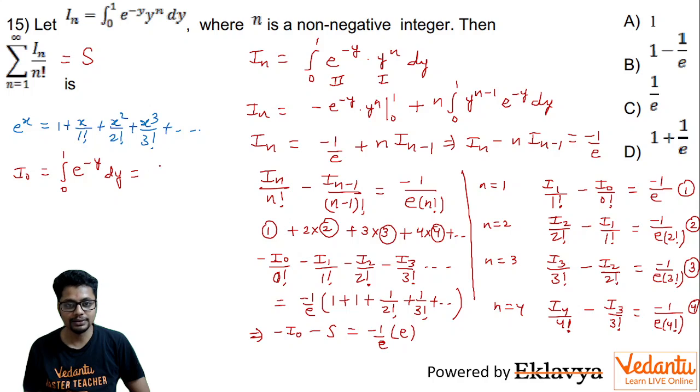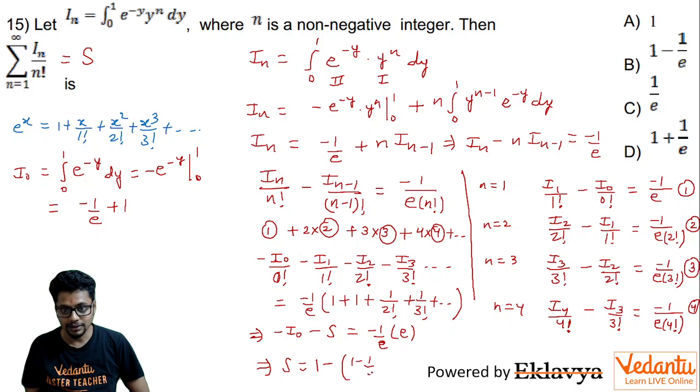So what you get is minus e to the power minus y with limits 0 and 1, which gives minus 1 by e plus 1. So essentially s is equal to 1 minus I0, which is 1 minus 1 minus 1 by e, so here it essentially becomes 1 by e.